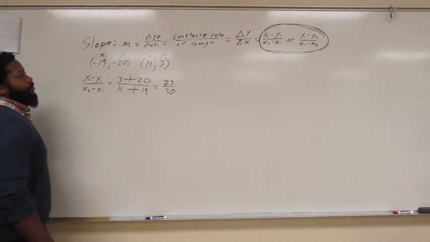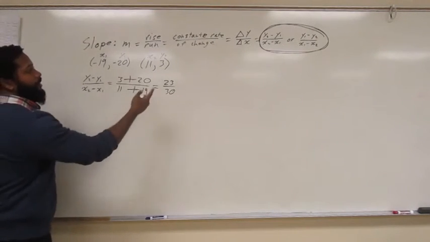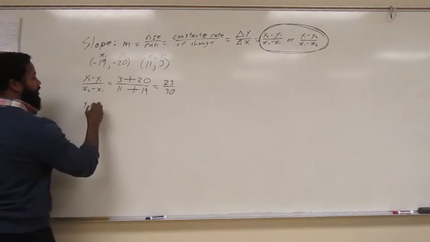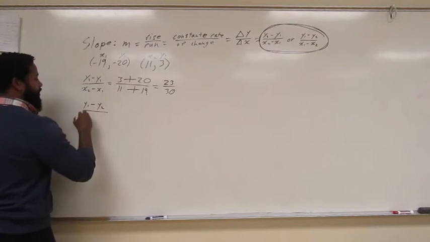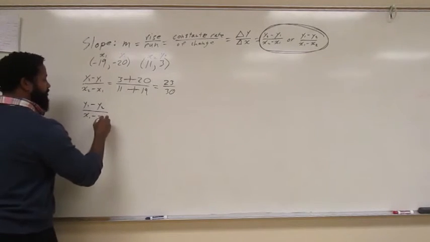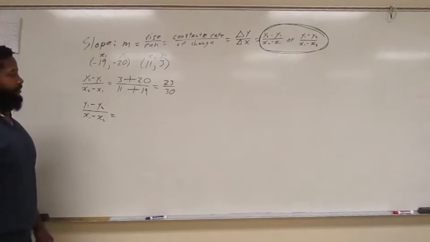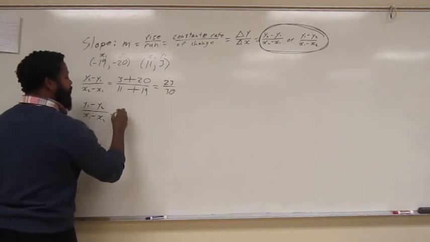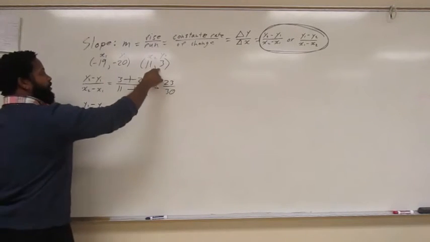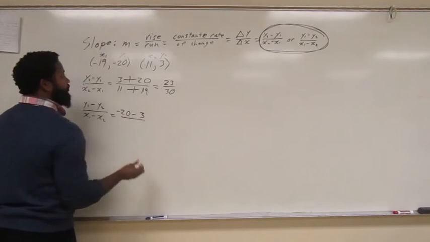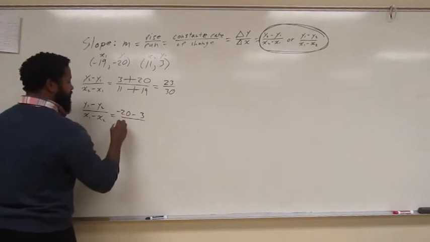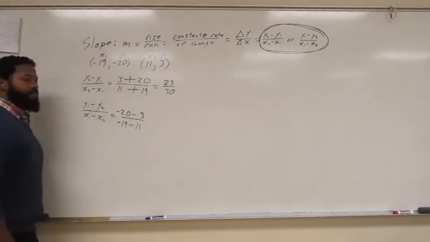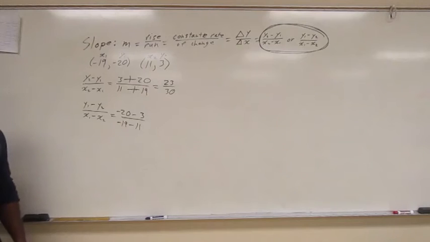What about if we start with y1? y1 minus y2 over x1 minus x2. If we're starting with these, that'll be negative 20 minus 3 over negative 19 minus 11. Wouldn't it be the same?